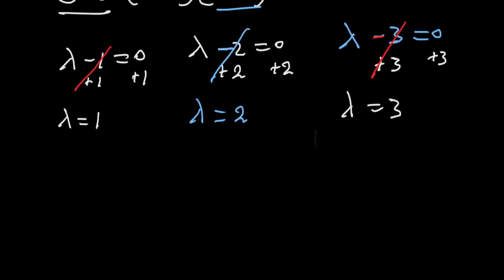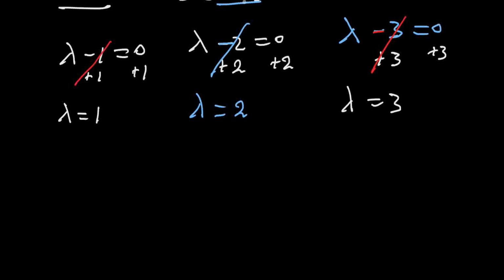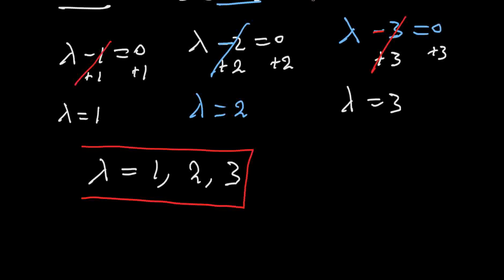So these values of lambda simply represent the eigenvalues. So lambda is equal to 1, 2, and 3. So these are the eigenvalues for this question, and I hope it makes some sense.